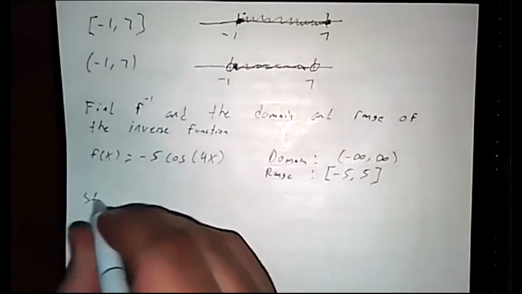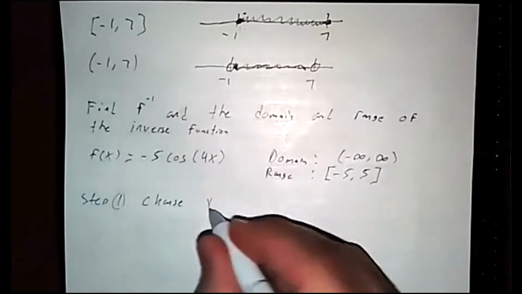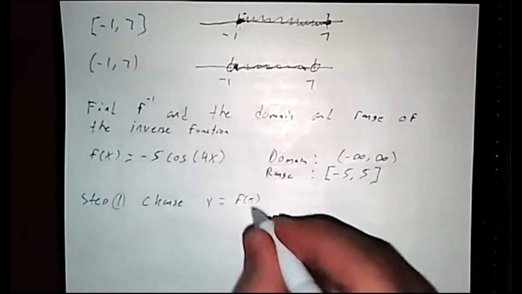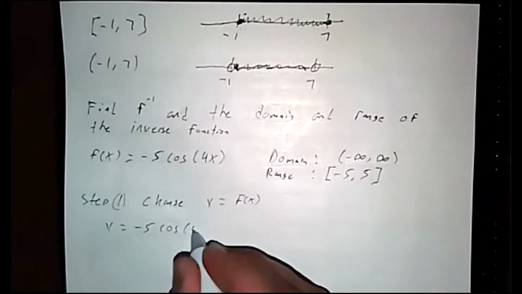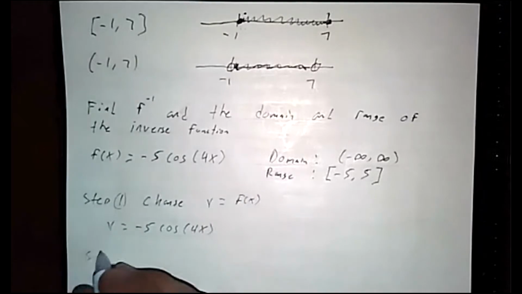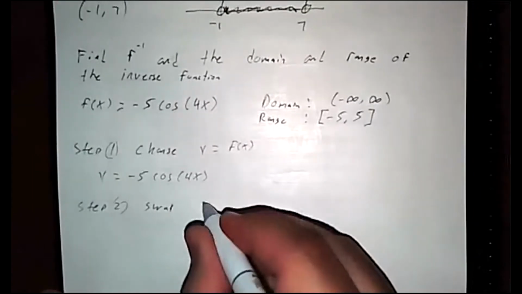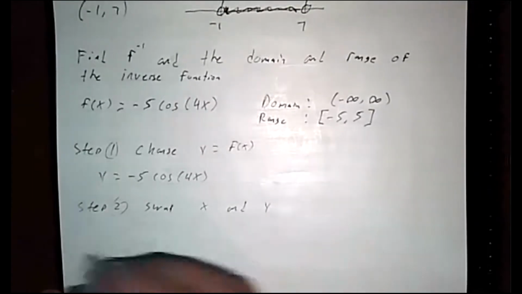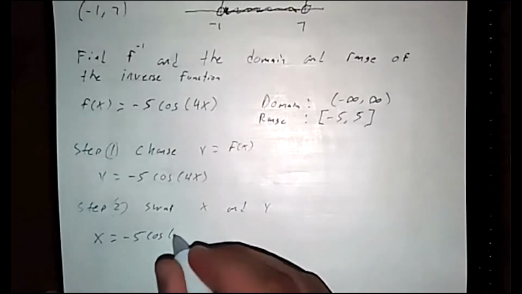Step 1, change y into f of x. Step 2, swap x and y. So x equals -5 cosine of 4y.